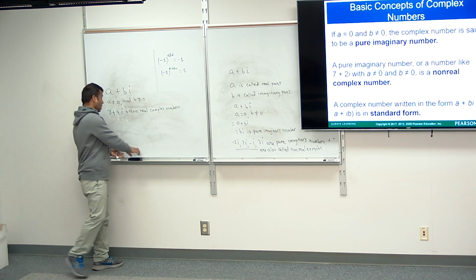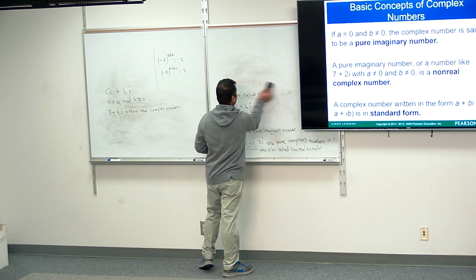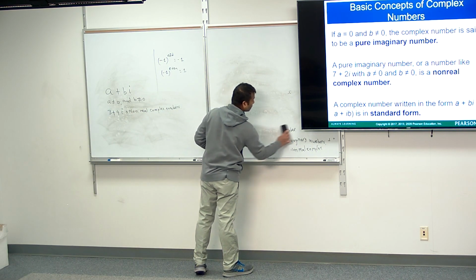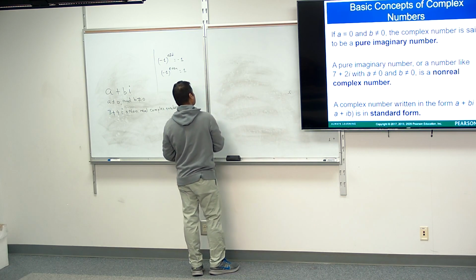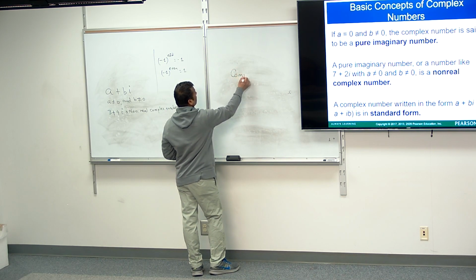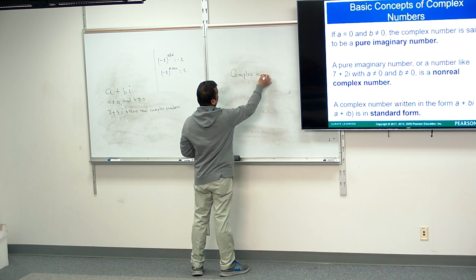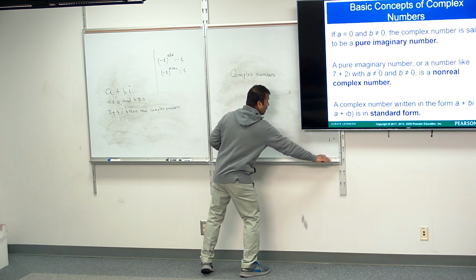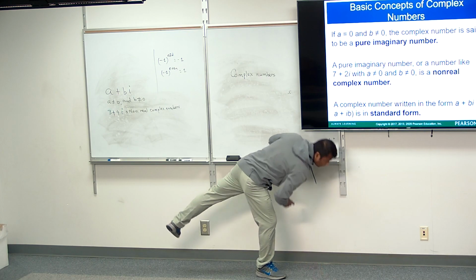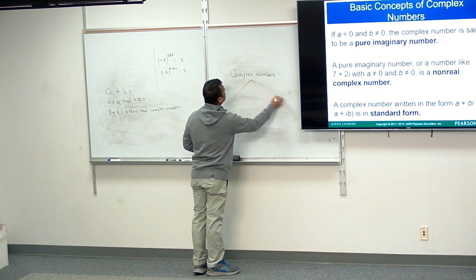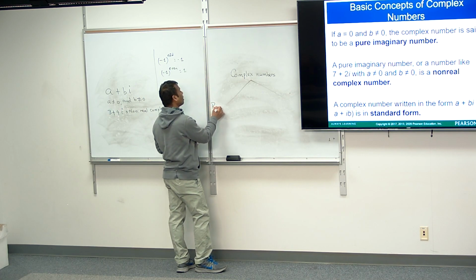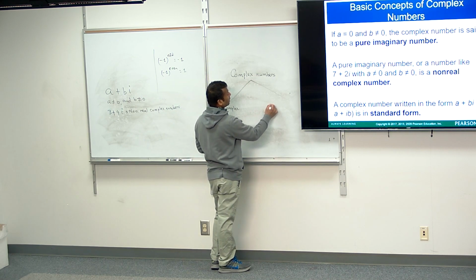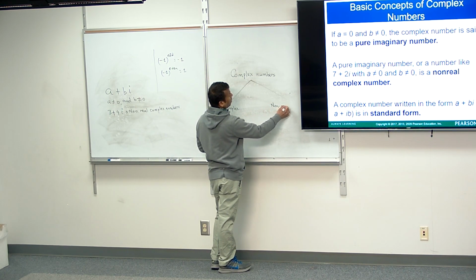Or I can show you the chart here. Okay, so let me show you here. So this is complex numbers. You have real complex numbers and you have non-real complex numbers.